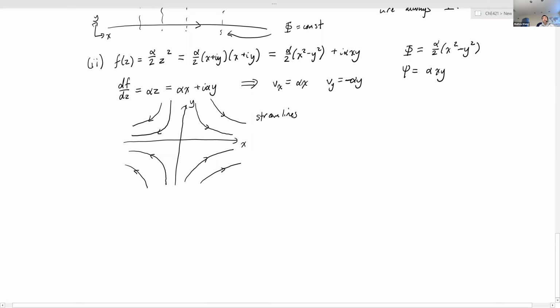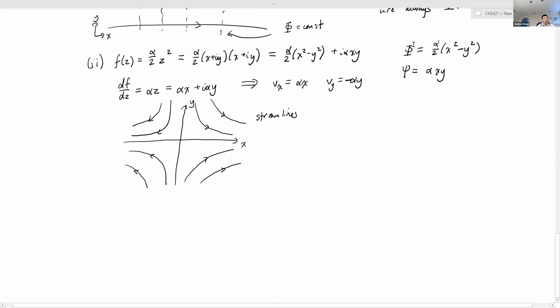You can maybe believe me as well a little bit, because if you stare at Vx and Vy, you can maybe convince yourself that if alpha is positive, then over here you should have velocity moving in the plus x direction. Over here you should have velocity moving in the negative x direction, right? And then the farther you are from the x-axis, the larger the y component becomes, and so the more vertical it becomes, right?